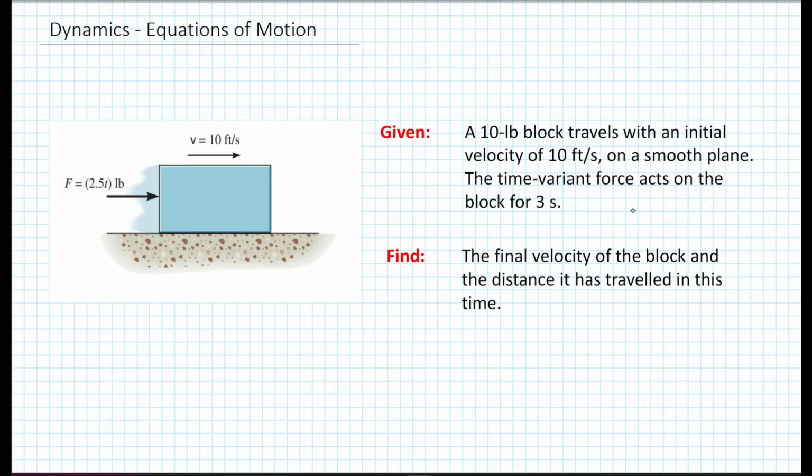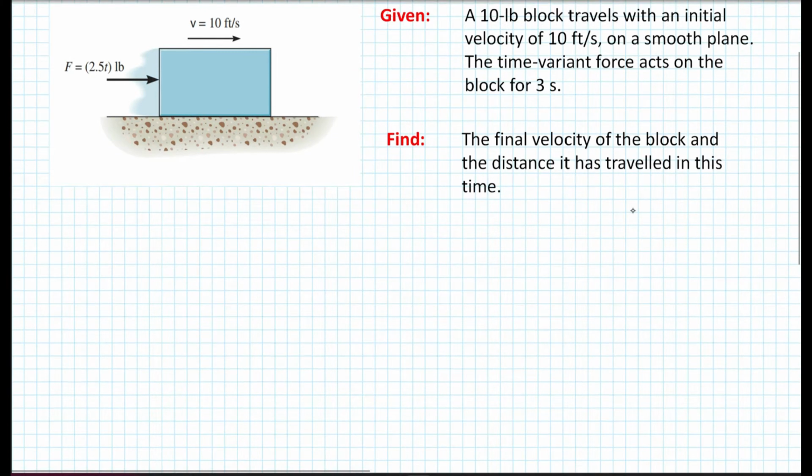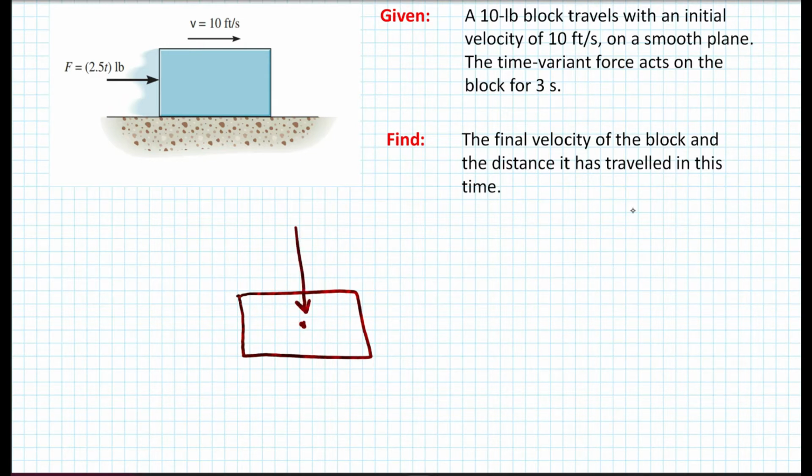Alright, so looking at this picture and given this information, we'll go with a free body diagram. Here we have the block, and then we have the 10 going down, a to the right.